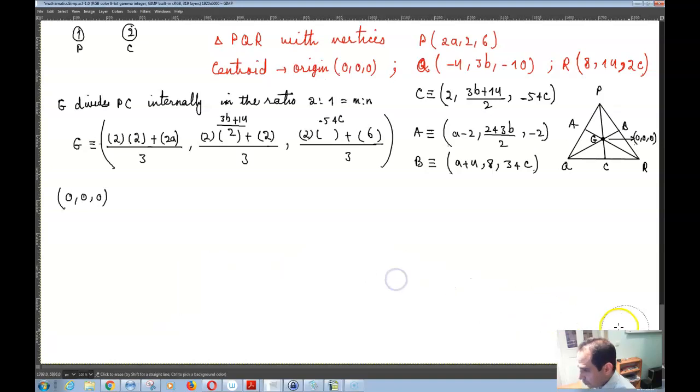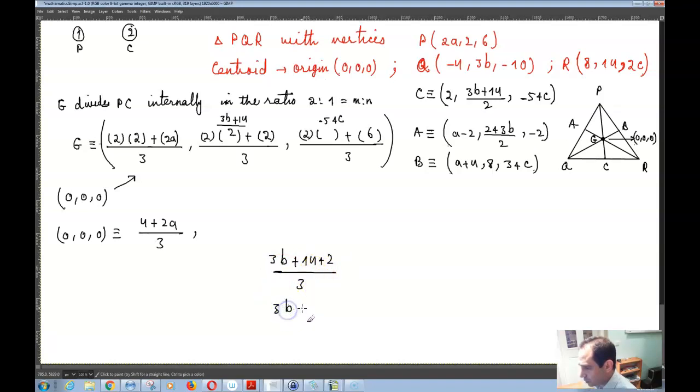So this is equal to 0, 0, 0, which is 4 plus 2a over 3, comma, and over here these 2's will cancel out and you will have 3b plus 14 plus 2 over 3, which is 3b plus 16 over 3.